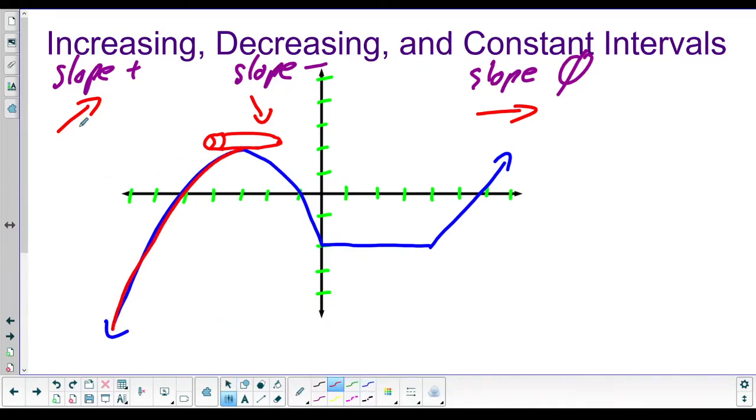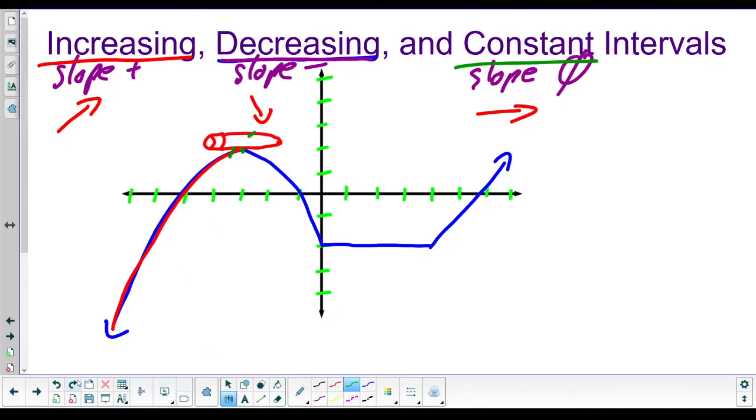Let's do increasing in red. We'll do decreasing in blue, and then constant in green. Actually, let's do decreasing in purple so that it's not the same. All right. So technically right here, our circle is constant. It's perfectly horizontal, but I don't think in algebra or pre-cal they really care about that.